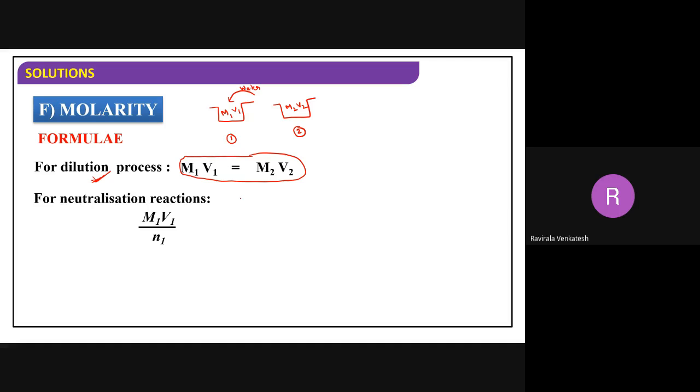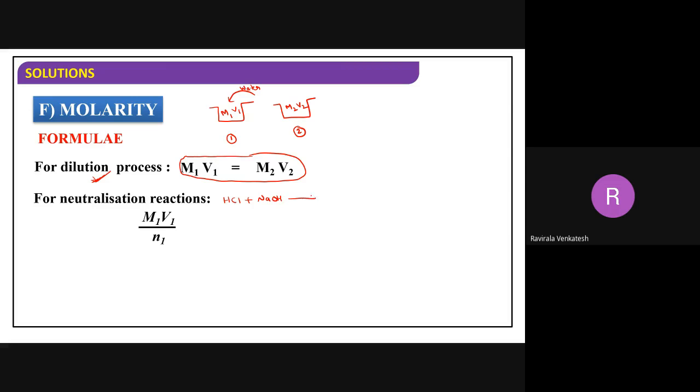Say yes or no. No problem for me, I will ask some other. Acid and base in equal amounts. The reaction between acid and base is called what? Neutralization reaction, beta. Okay.